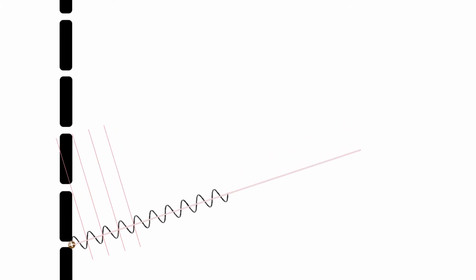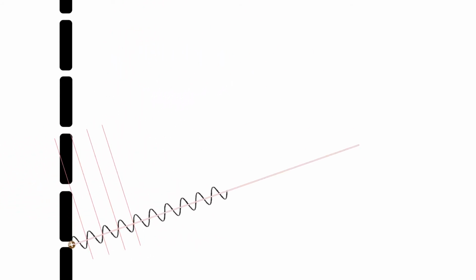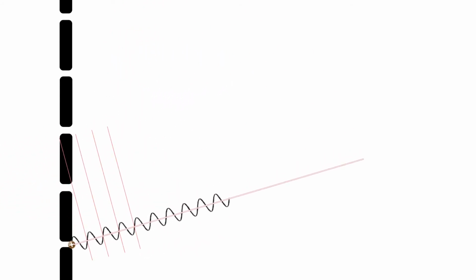So we get this position where the lower or the upper slit is one wavelength behind, then the upper slit is two wavelengths behind, then the upper slit is three wavelengths behind, and you can see due to the geometry of this system we can't actually get a 4 wavelength behind example, and so we would only expect to get constructive interference in this direction, in this direction, in this direction, and nothing else.